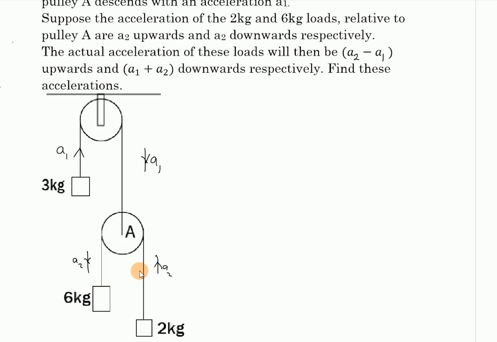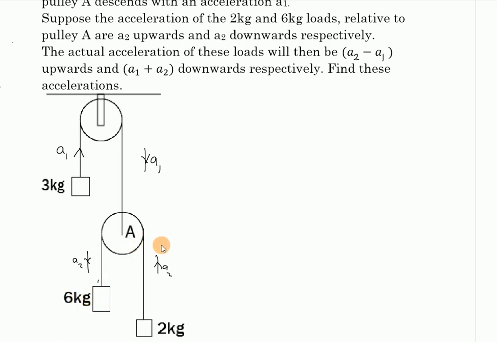But we are saying that when we have a system like this, we are going to consider the relative acceleration, because this one is relative to this pulley, we have that acceleration. But what really is the actual acceleration of this 2 kilogram body? And what about the actual acceleration of this?